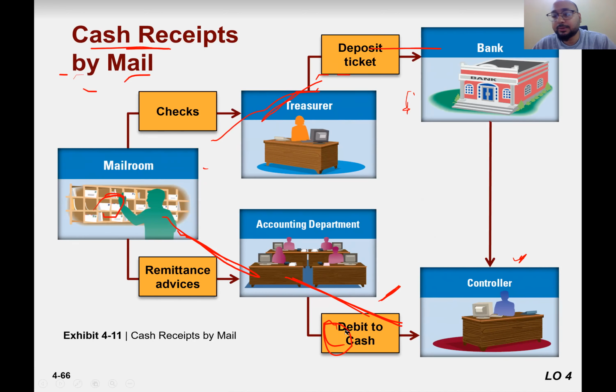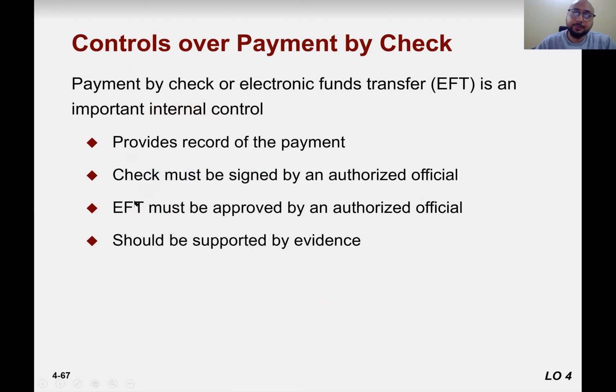Control over payments by checks or EFT. The person who is responsible for transferring the funds, or who is responsible to receive or pay, there must be a control over there. Why? Because maybe they need to pay 400, but he pays 450 and asks the person to credit an extra $50 to his account, right?